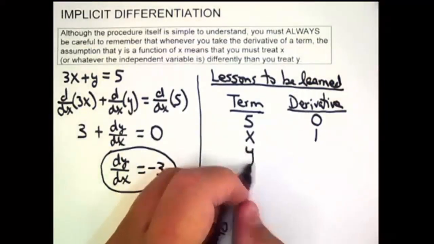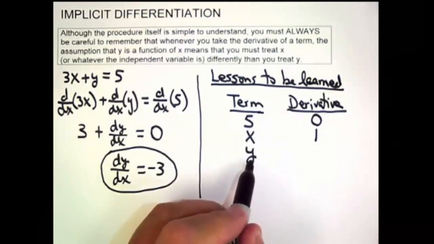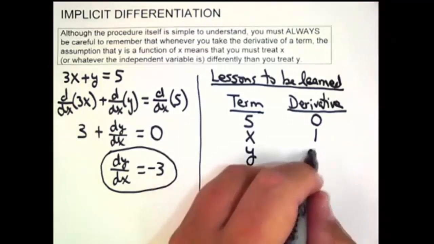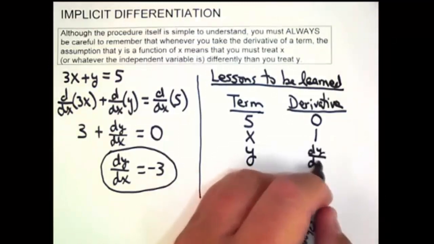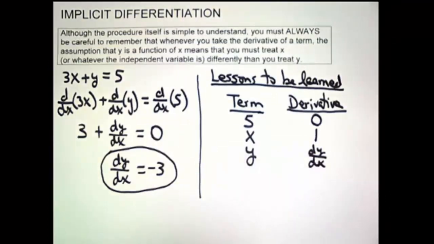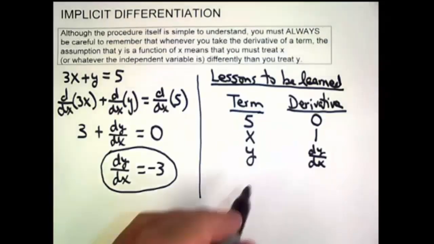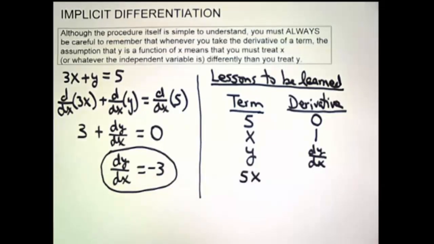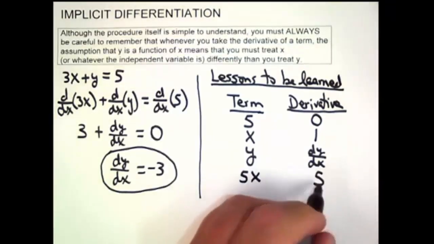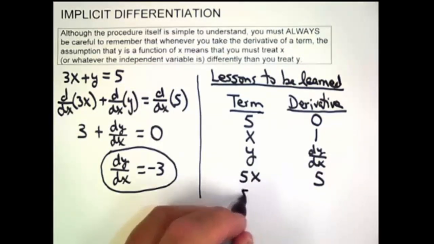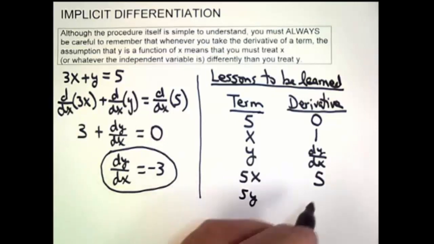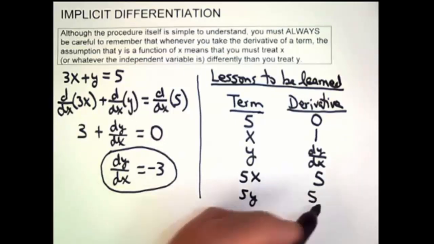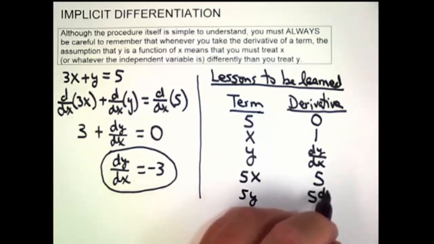But if I have y, since y is treated as a function of x, the derivative of y is dy over dx, not 1. If I have something more complex involving just x, say 5x, that derivative would be 5. But if I had 5y, the derivative is going to be 5 times the derivative of y with respect to x.